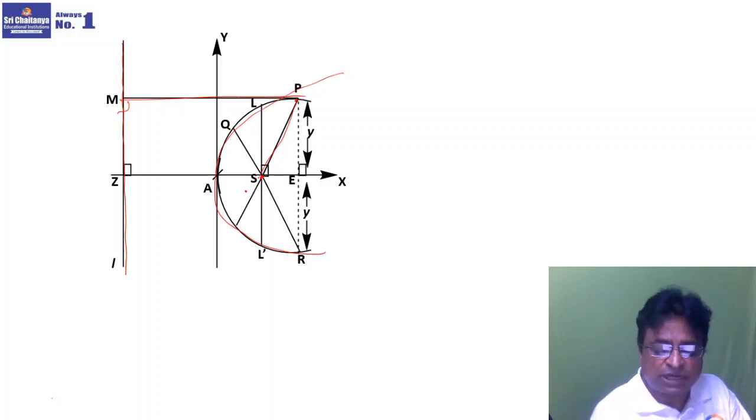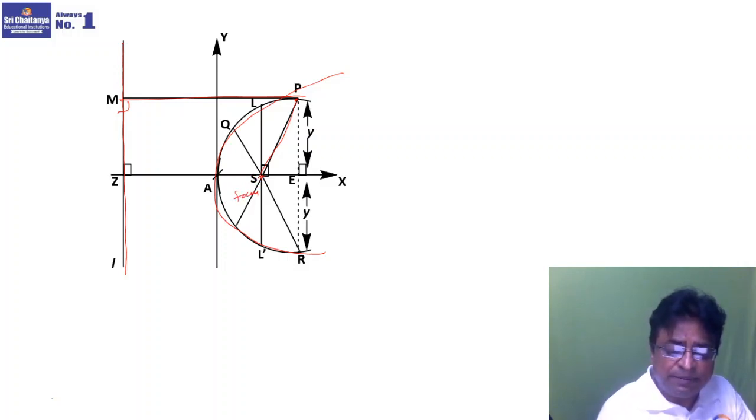is called the focus. The foot of the perpendicular from the focus onto this particular line is Z. Then Z is called the foot of the perpendicular from the focus onto this directrix. This fixed line is called the directrix.